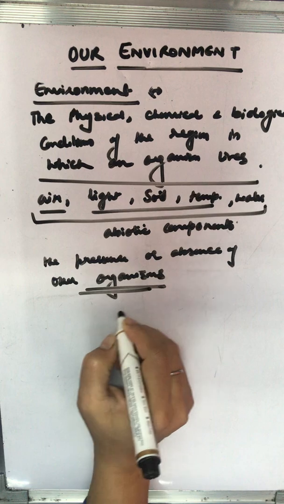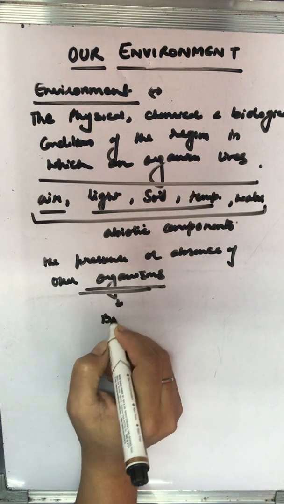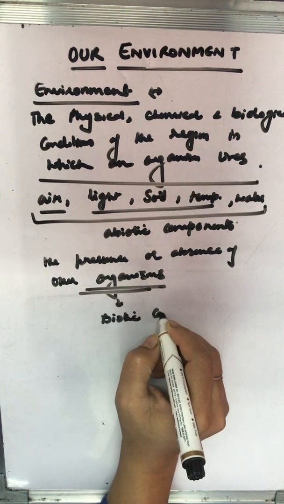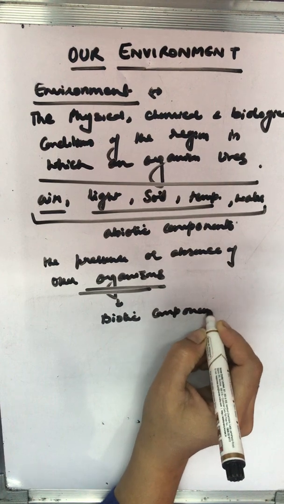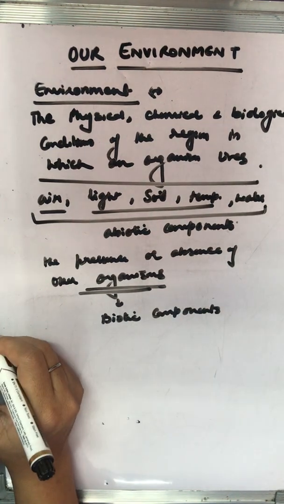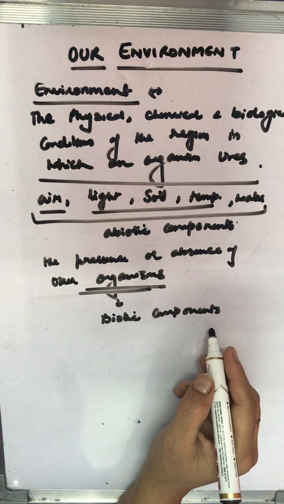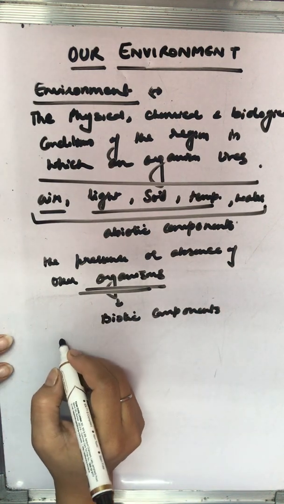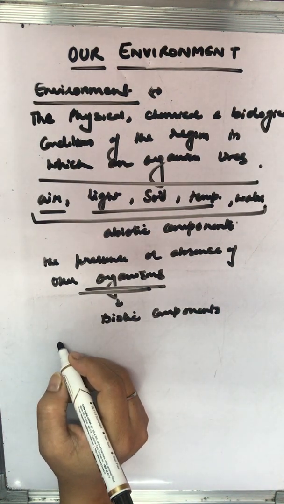If we say organisms, we are talking about the biotic component. So these are the conditions which are required for development or growth in the environment.